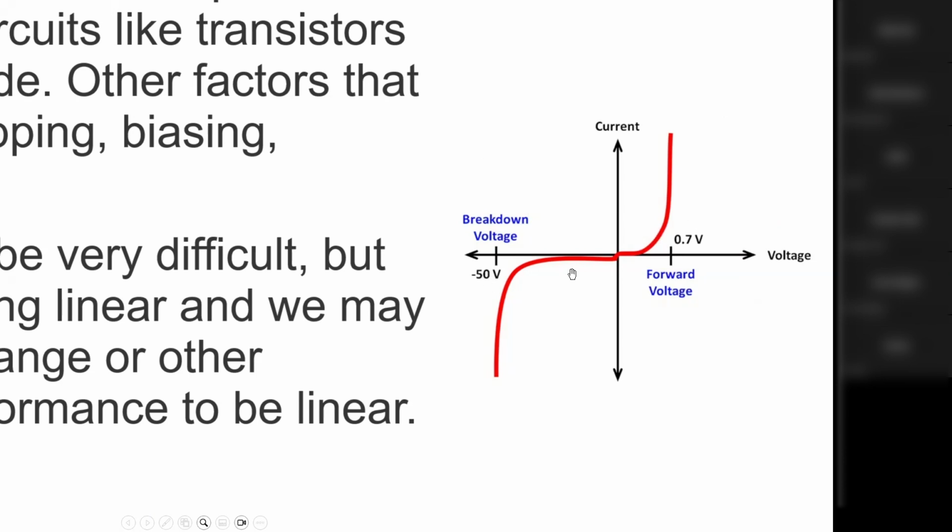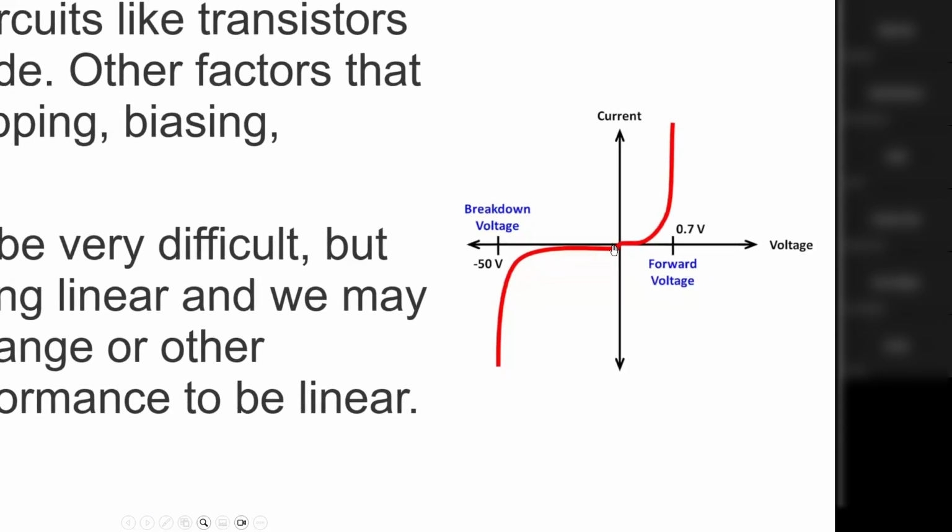This is a diode characteristic, current and voltage. See, it behaves nonlinear here. It starts behaving a little bit linear here, and then nonlinear again. And same here, that's all nonlinear at the back, the reverse bias.